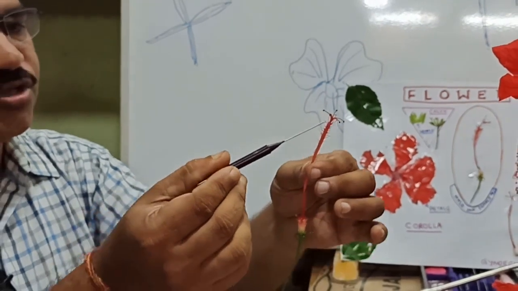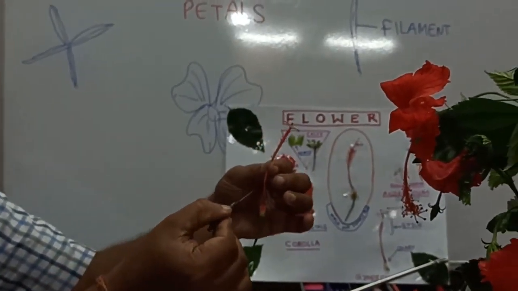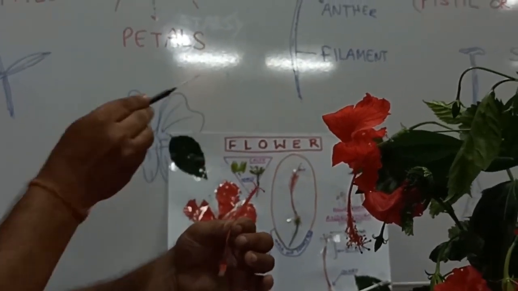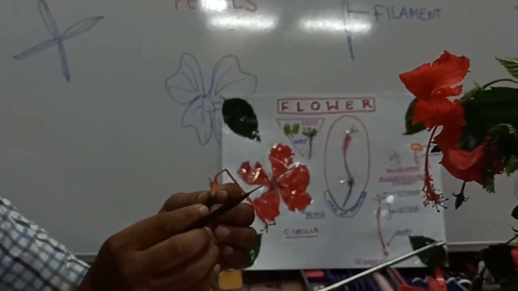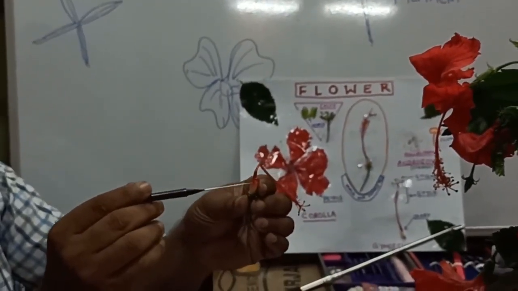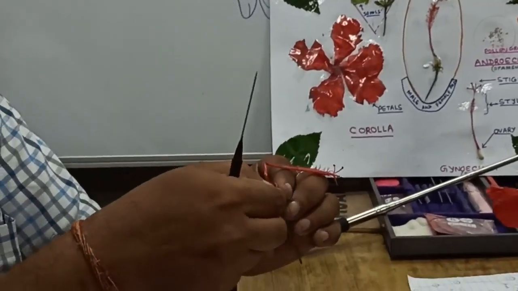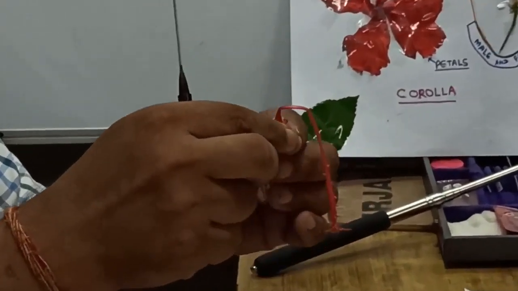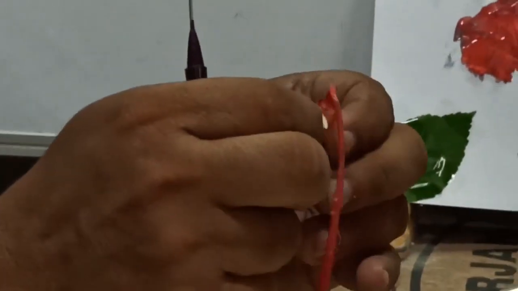Next to stigma, from here to here, this is called style, and after style down below, this part is called ovary. So I will remove this part to show you in detail.